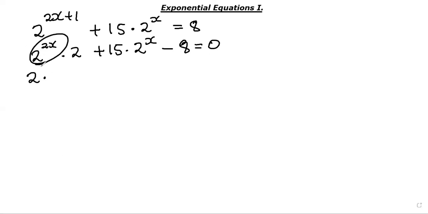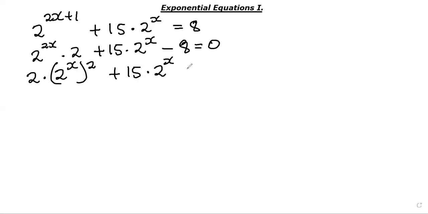Instead of us having 2 to the 2x, we write it as 2 to the x, which is all squared. Do you see that? And then you say plus 15 times 2 to the x, and then you say minus 8 equals 0. Then here we can see clearly the 2 to the x is squared, but here it's raised to the power 1. So indeed, this is a quadratic equation.